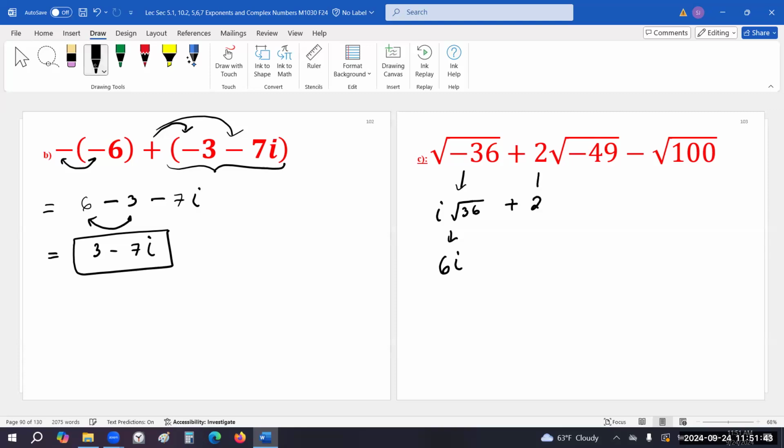Okay. The next one we have 2 and square root of negative 49, 2 times 7i. That gives us what?